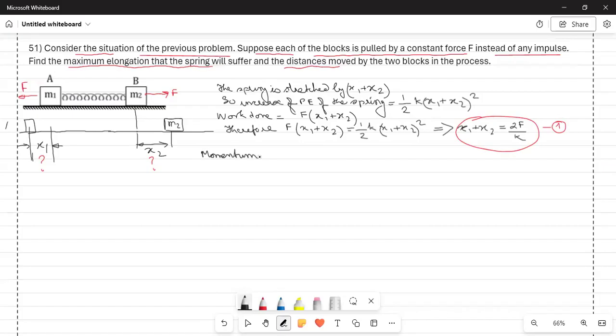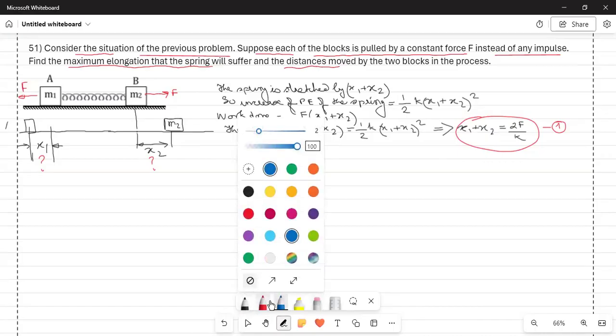Momentum of M1 is equal to M1 into... I have actually jumped a step. Let me do that step for you also.